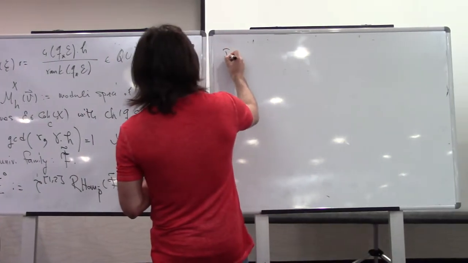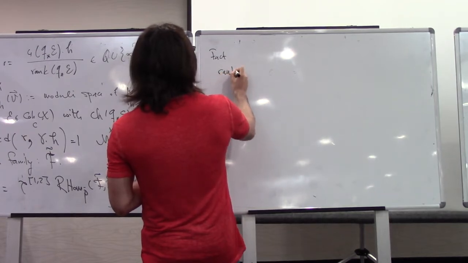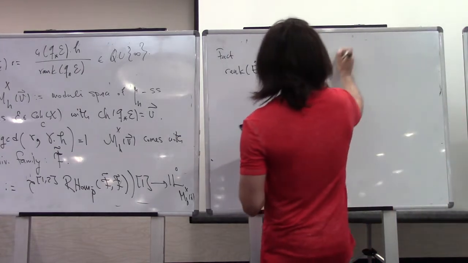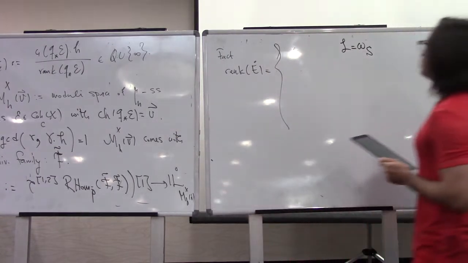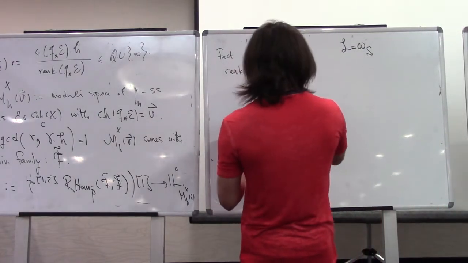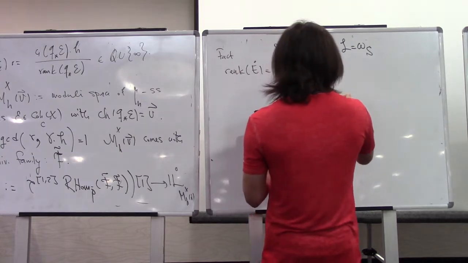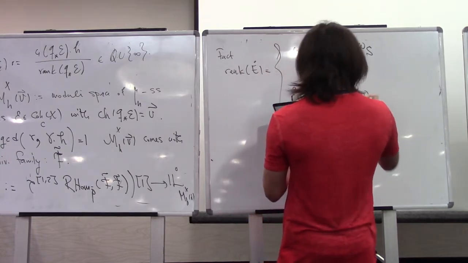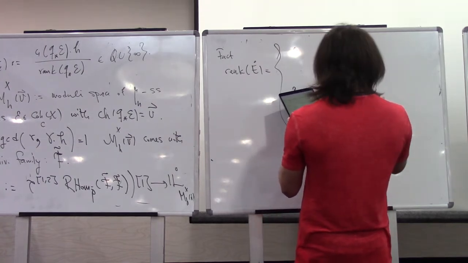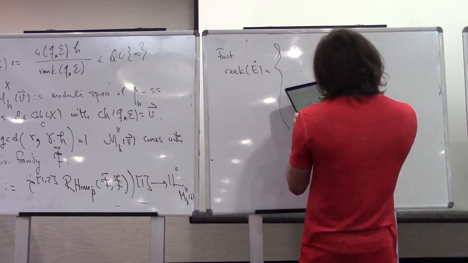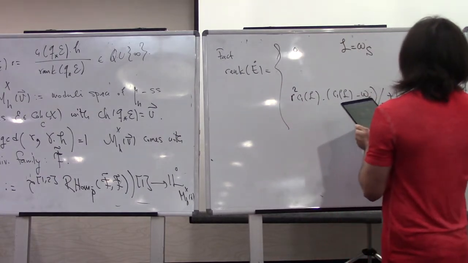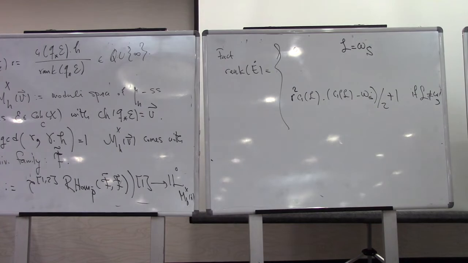So one fact. So the rank of this object, because this is important, is 0 if the line bundle is equal to the canonical bundle of the surface, and it is some other non-zero number, (c_1(L) minus omega) times H divided by 2 plus 1, if L is not equal to canonical.